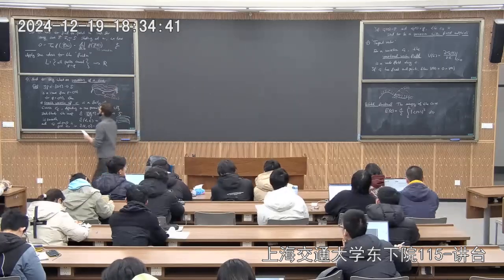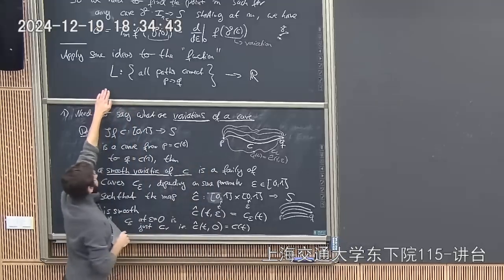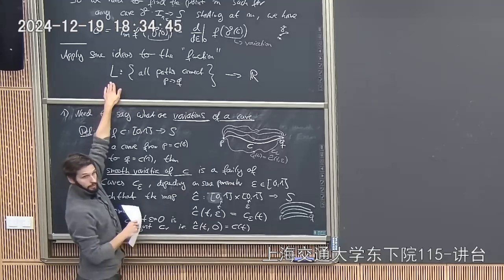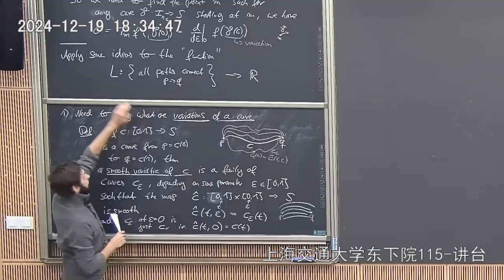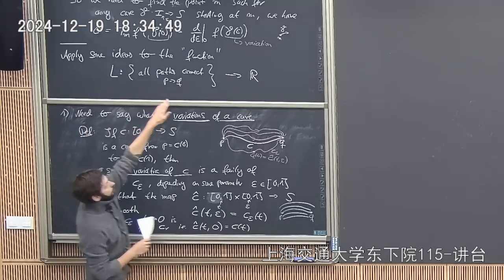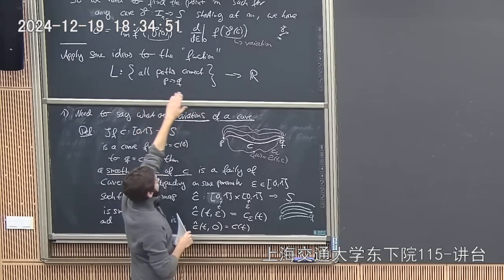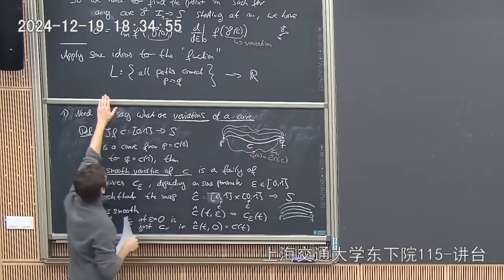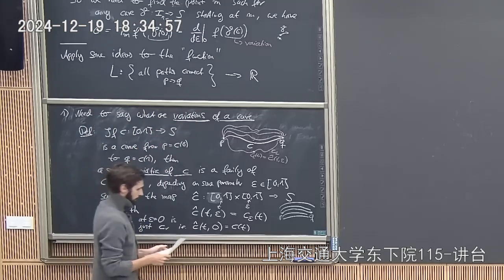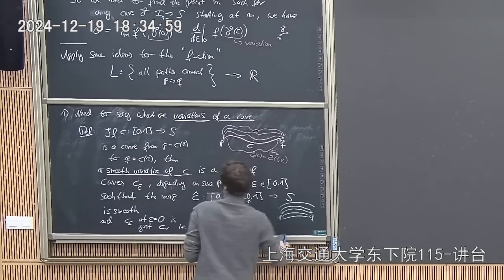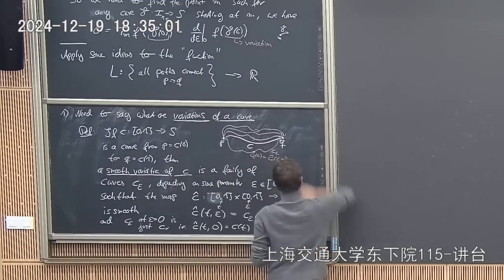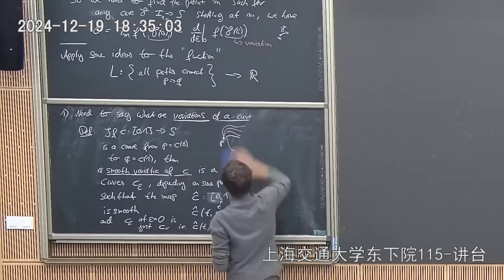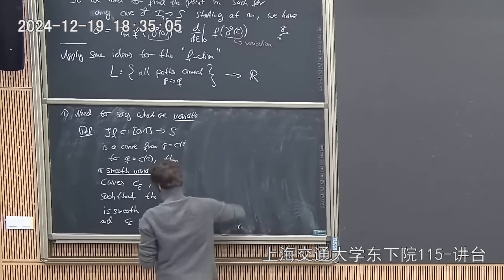We want to find the minimizers of L. So that means the points where, if you plug in a variation of the curve, the derivative at epsilon equals 0 has to be 0 for all kinds of variations. And that's the statement of the following proposition.